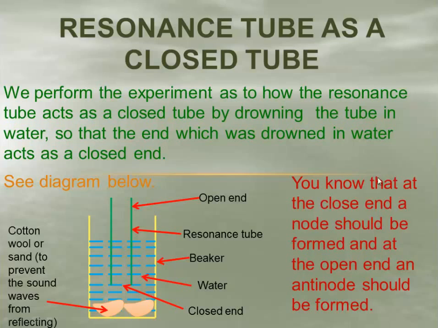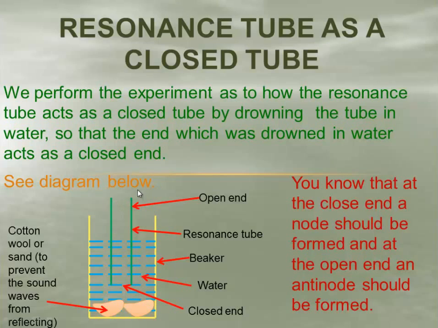So when we take a simple tuning fork and make it vibrate, the air column near this open end vibrates. So there will be a stationary wave formed here. The interface between the air column and this water surface is now acting as the closed end for this open tube.